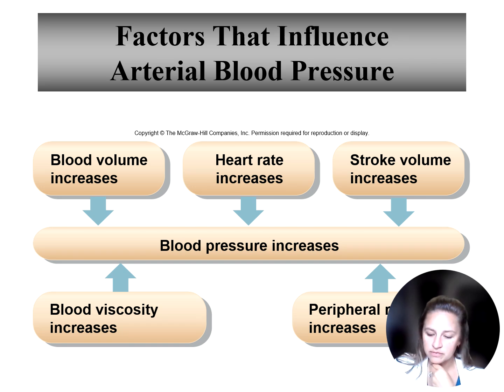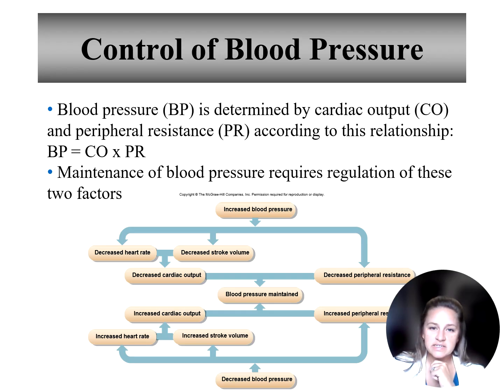Another one would be peripheral resistance increases. This would be due to a blockage somewhere. If blood was having a hard time getting through an artery, that could increase blood pressure. Again, all of this regulation is happening in order to maintain homeostasis.